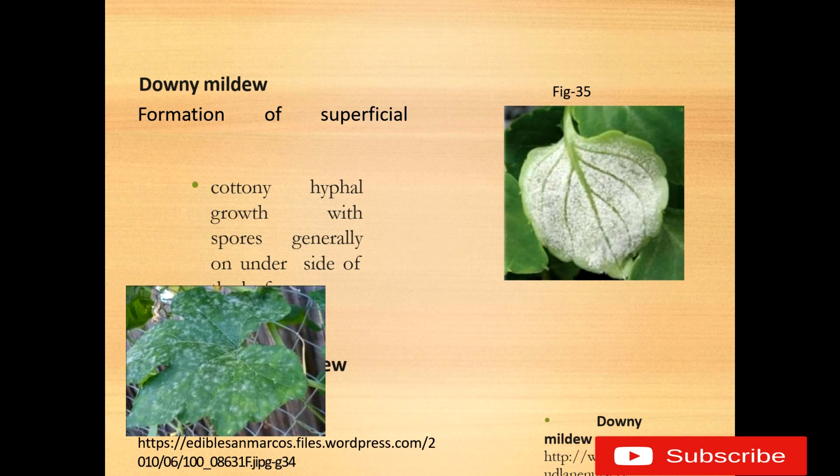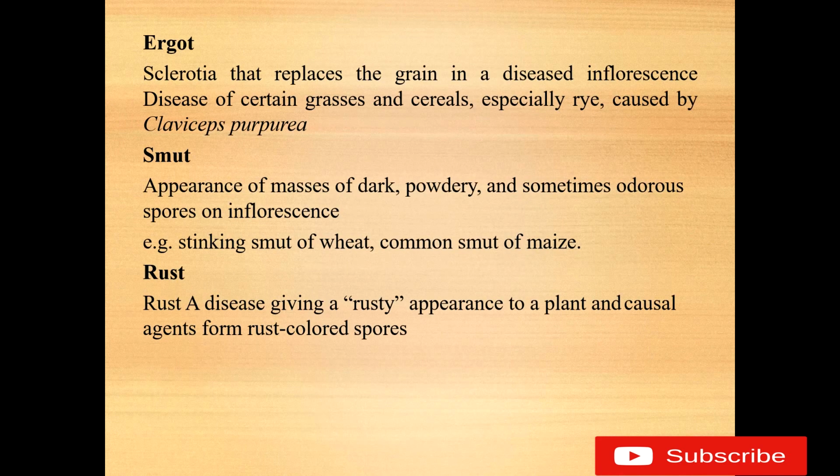Another kind of disease is downy mildew, which means the formation of cottony hyphal outgrowth as a result of fungal infection. Ergot means sclerotia which replace the grain in diseased inflorescence. Smut means the appearance of masses of dark powdery spots on inflorescence.